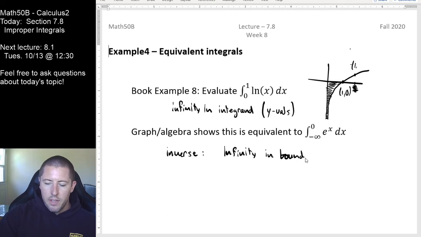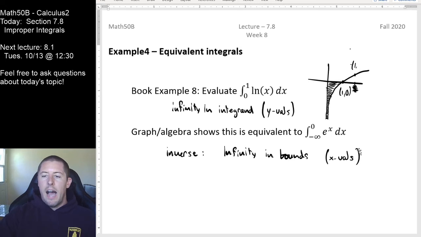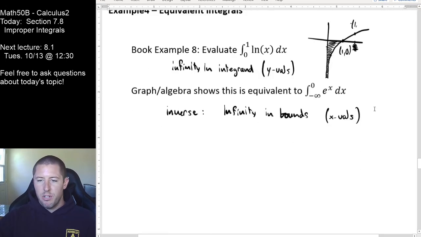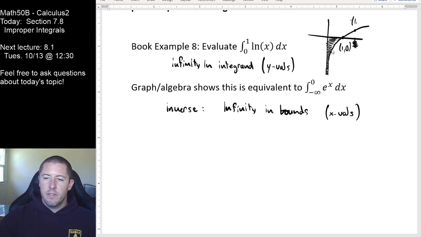My first thought with this one is I know an inverse function for this, so I should be able to set up an exactly equivalent picture for this, right? I know that this getting really close to the y-axis is just like our e to the x function getting really, really close to the x-axis out there.